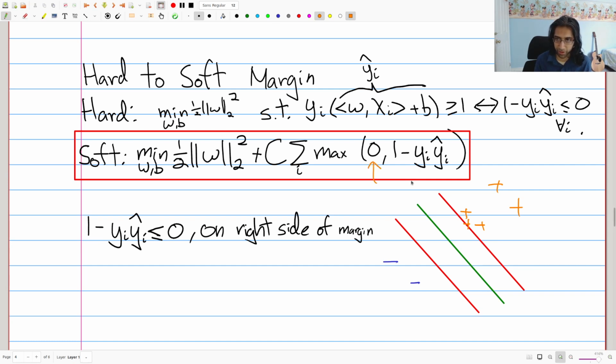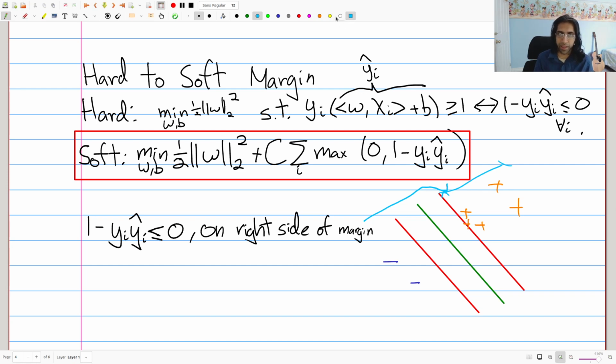It hits this max of 0, and therefore we don't pay anything for a point which lies over here. Let me indicate that this corresponds to points in this area from here up to infinity. So anything across this line is going to be correctly classified. And similarly for these blue points, which are over on this side of this margin.